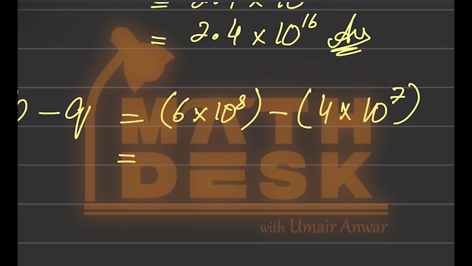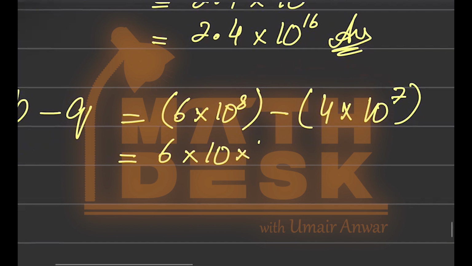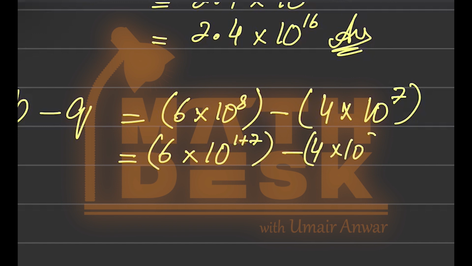And for that, I'm changing this index. So basically, 8 was converted into 1 plus 7. So now if I break the powers onto different bases, then 10 raised to 1 and 10 raised to 7 would be written over here.